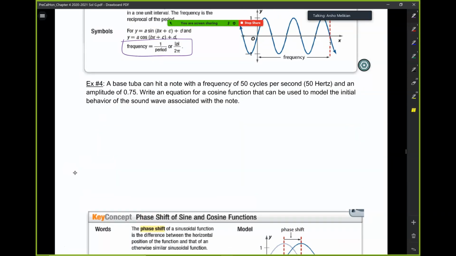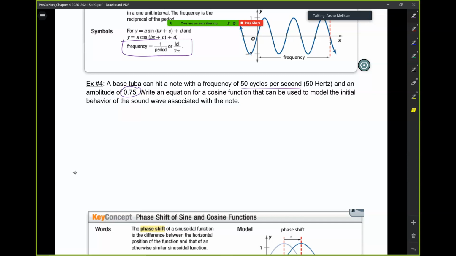All right, let's go over this example. So look at this. A bass tuba can hit a note with a frequency of 50 cycles per second. That's a very low frequency. That's like a low note, right? And an amplitude of 0.75.